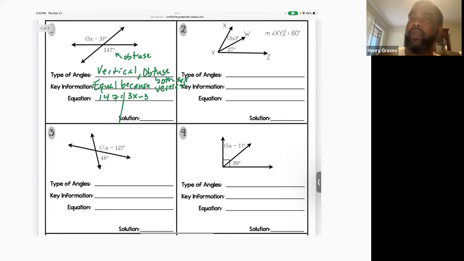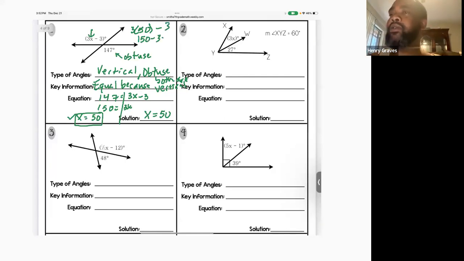Divide both sides by 3, so x equals 50. So there's my solution. So x is 50. I'm going to stop it there, because I can check my work too, right? If I do 3 times 50, replacing the x here, minus 3. So that's 150 minus 3, which is, of course, 147.